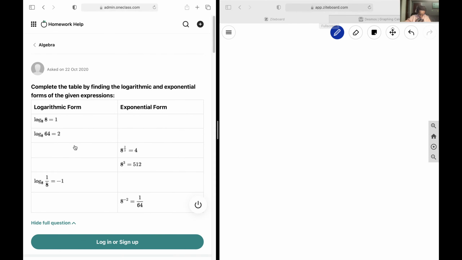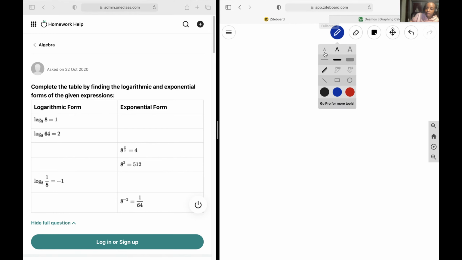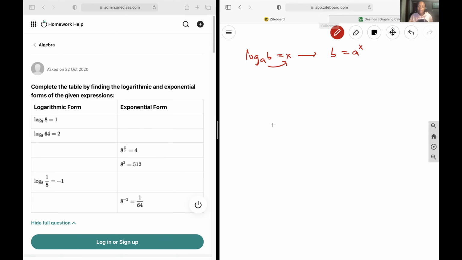Okay, next up we'd like to interchange between logarithmic form and exponential form. So for this, again, remember how to convert them. Log base A of B is equal to x. A sweeps in and where's the x as a hat, so B is equal to A to the power of x.